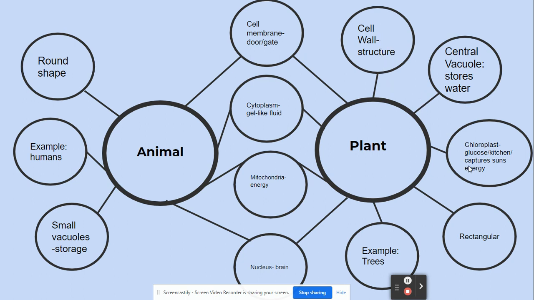Remember, we have bones, so plants need some extra structure to them, and so they have a cell wall. Chloroplasts, remember, plants are autotrophs. They do photosynthesis, so the chloroplast is where photosynthesis happens. It's the green kitchen. And then examples would be trees or any type of green plant.